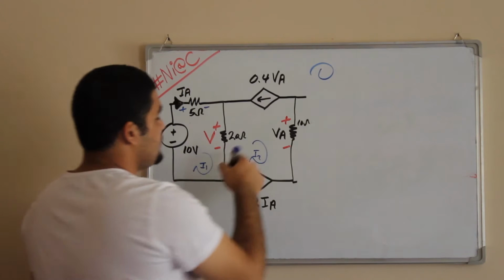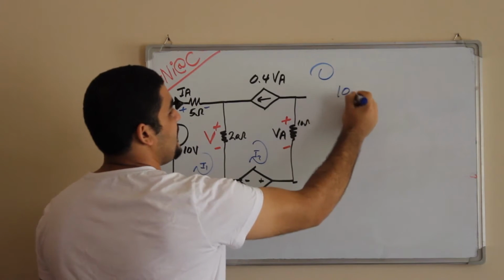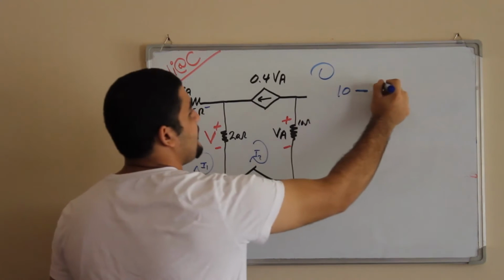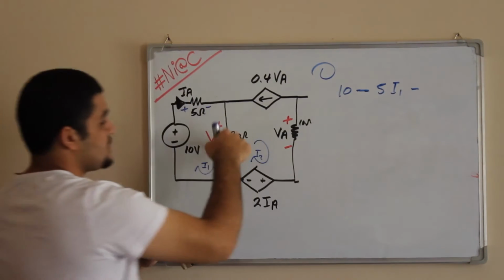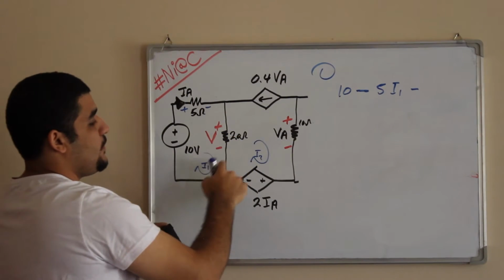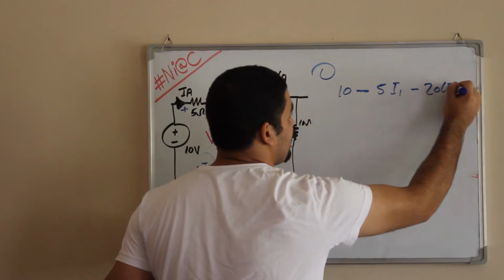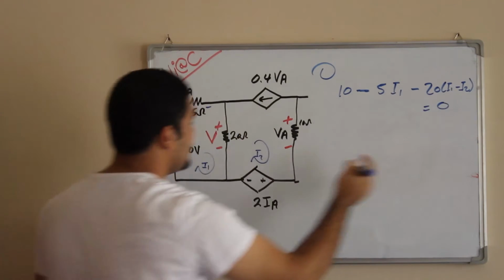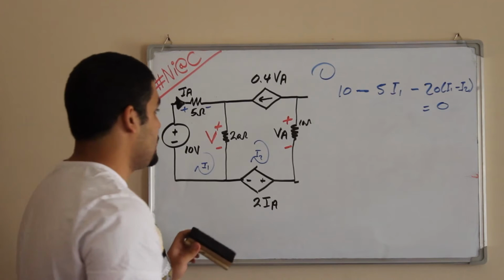So now the first loop is 10 volt minus 5 I1 minus 20 (I1 minus I2), all of that equal to 0.